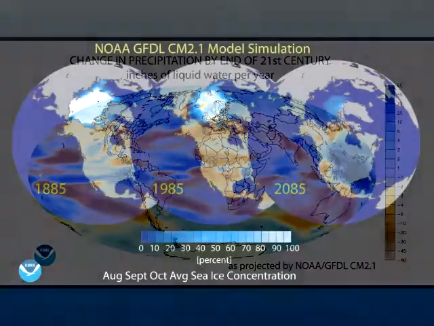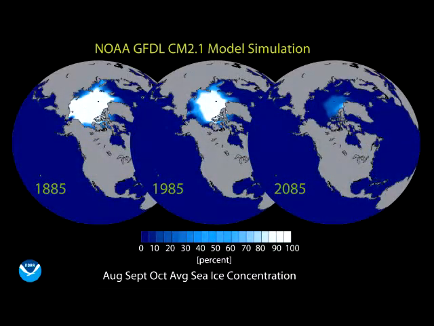Based on these NOAA climate models, we might also expect to see this happen to the northern polar ice cap. Look at its extent in 1885. It had already shrunk by 1985, but if we go another century to 2085, it's virtually gone.